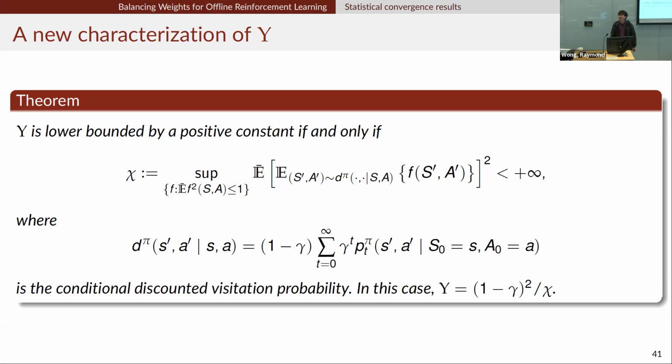A lot of times when we try to investigate conditions, we are interested in something like overlapping conditions. The overlapping conditions are directly related to the visitation probability in the data, and also the discounted visitation probability that's induced by your policy.